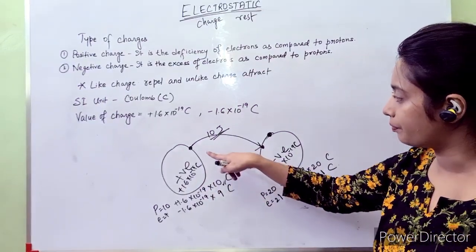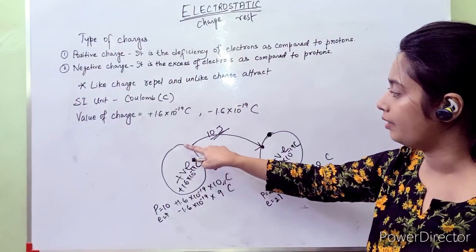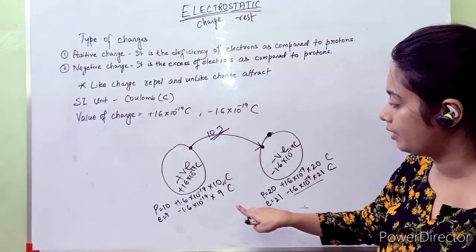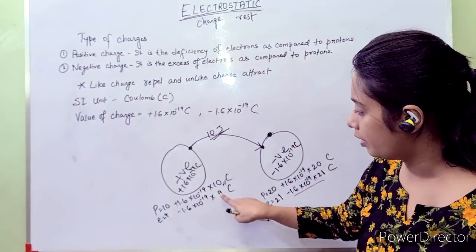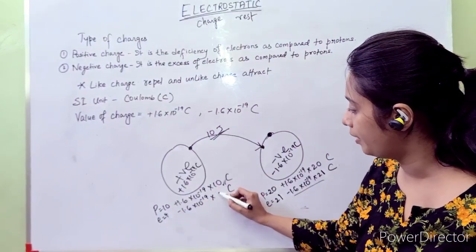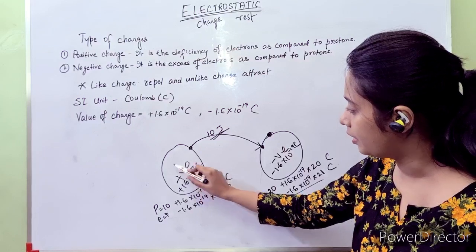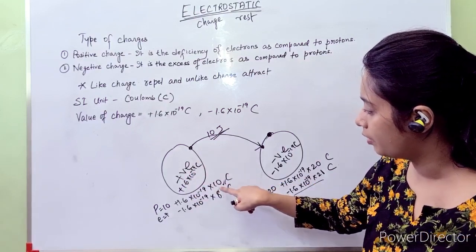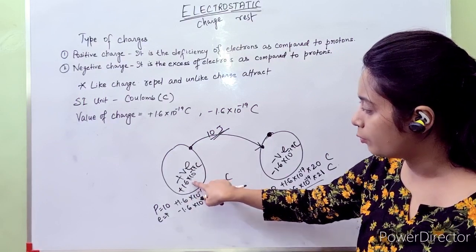If two electrons had jumped out of this atom to that atom, in that case the electron number will reduce to 8, and the positive charge of this atom will increase by 2 times.